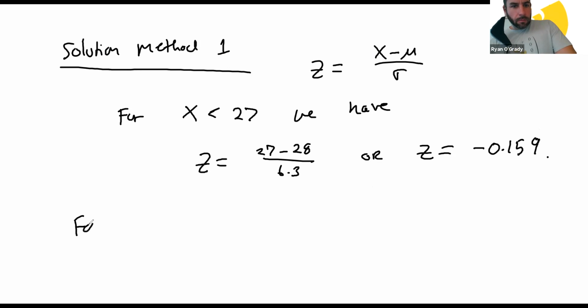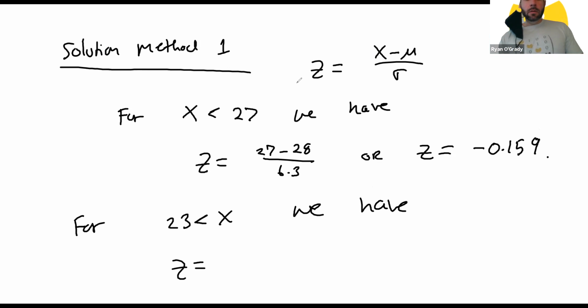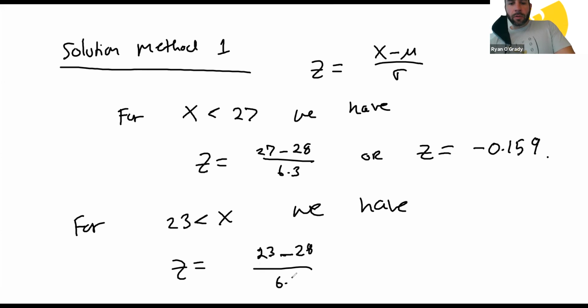And then for 23 less than X, we have to find the other Z value. So we will solve it with 23 minus 28 over 6.3.